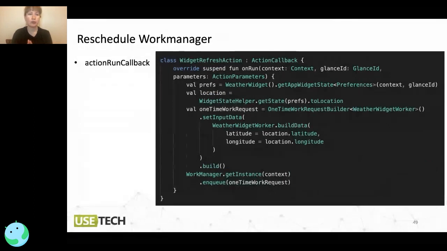For example, it could be done with action run callback, the mechanism we spoke about previously. And on that mechanism, we could specify not a periodic, but a one-time work request just to get data. And of course, at the end of the work of this worker, we could specify the periodic requests when we have received all the data.